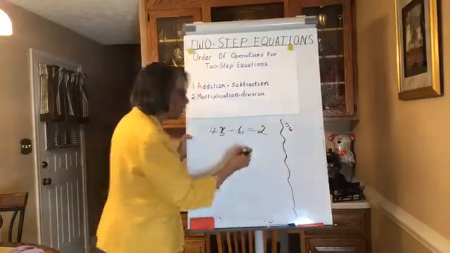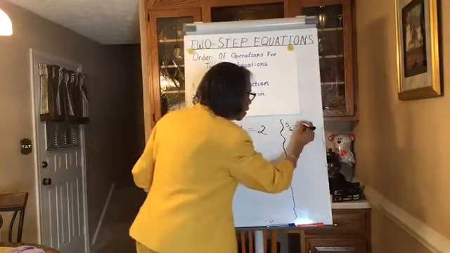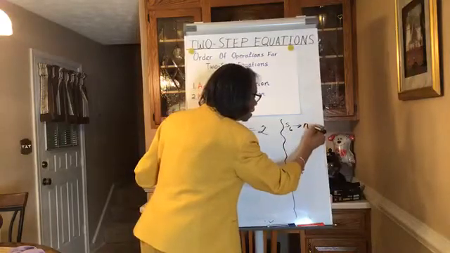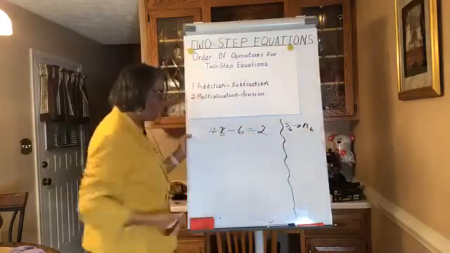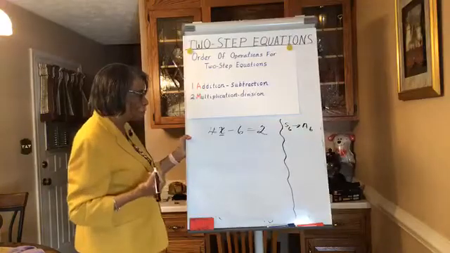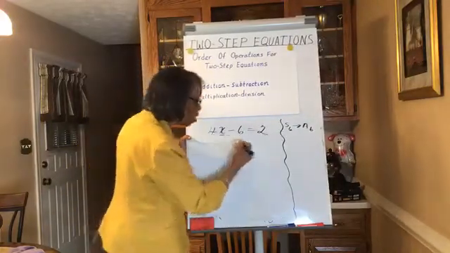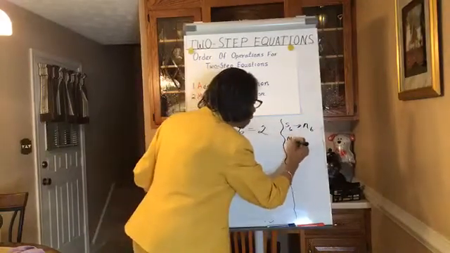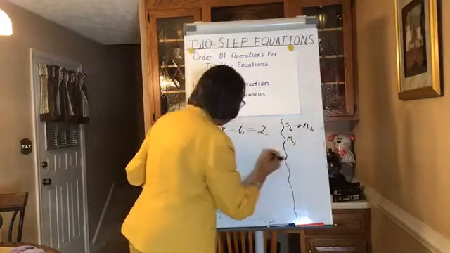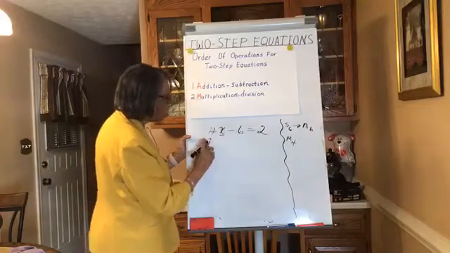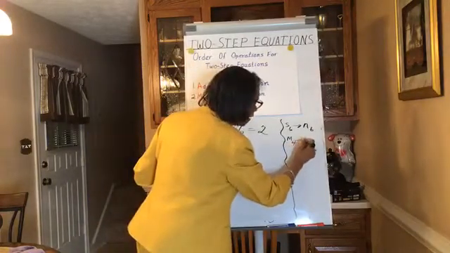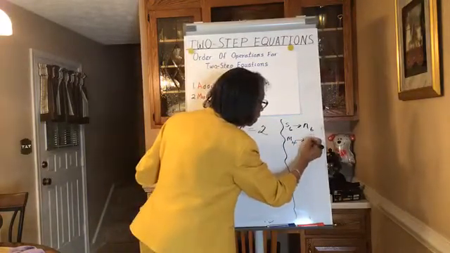And the opposite of subtracting 6 is adding 6. This is my little mental process. All right. And it's multiplied by 4. And the opposite of multiplying by 4 is dividing by 4.